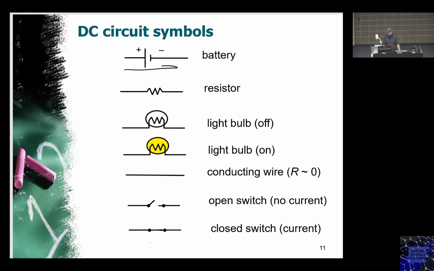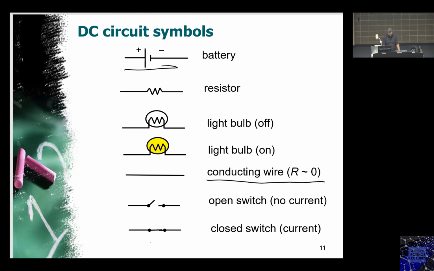And we assume that our conducting wires are ideal, which means they have zero resistance. Practically, they're not zero. However, they have very little resistance that we can ignore in our course for simplicity and treat them as zero resistance wire components.